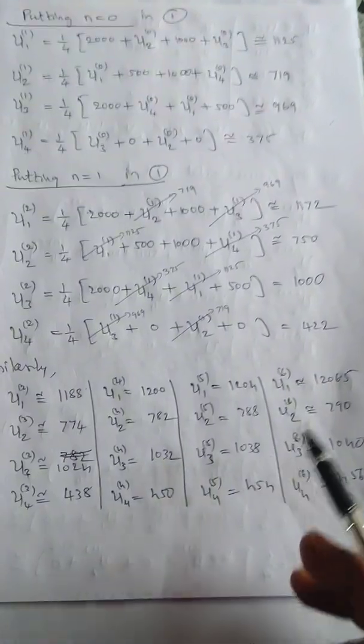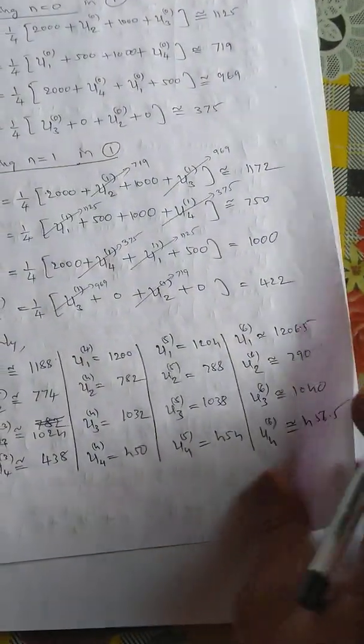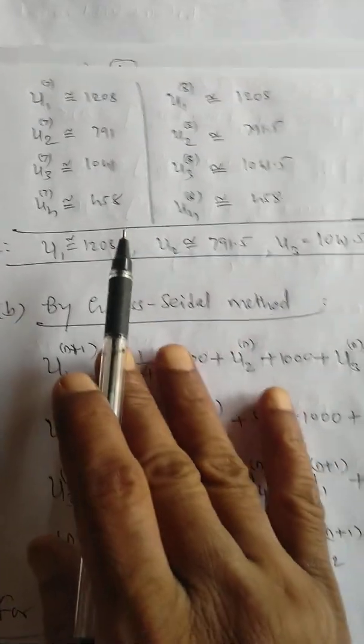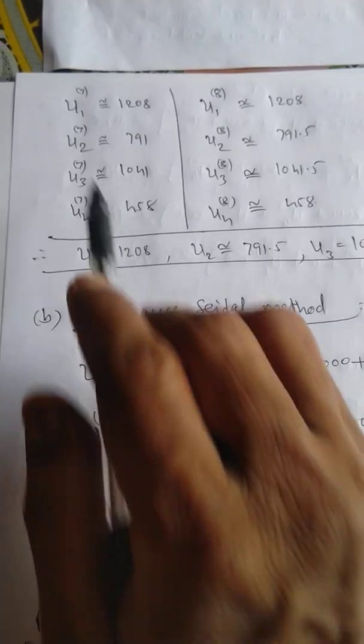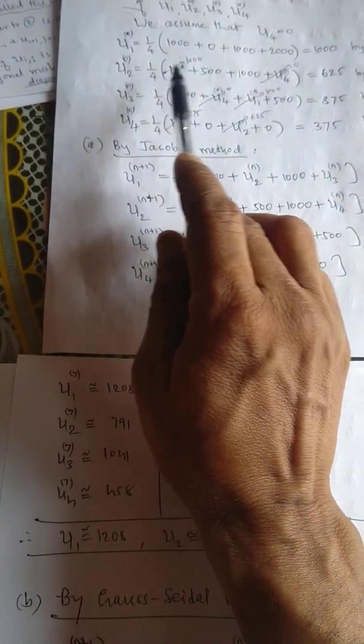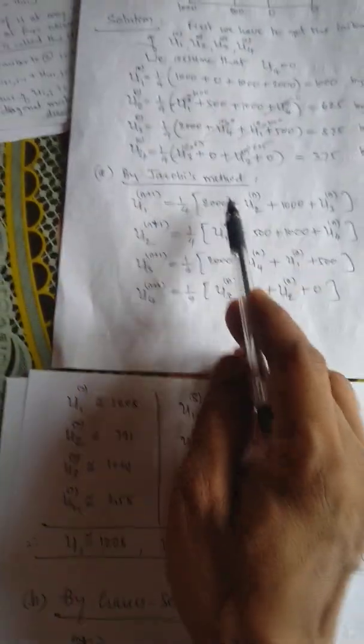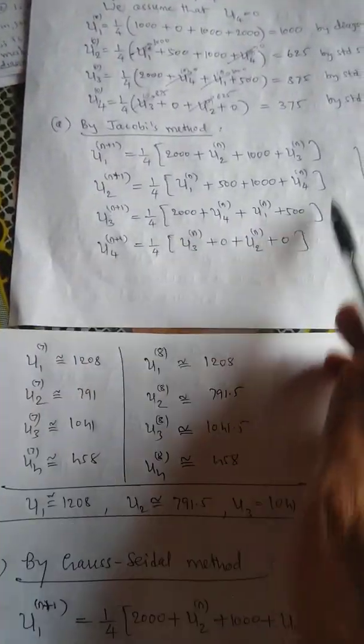So to get more accurate values, we continue to calculate the values. We put n equal to 6 in the Jacobi's system.